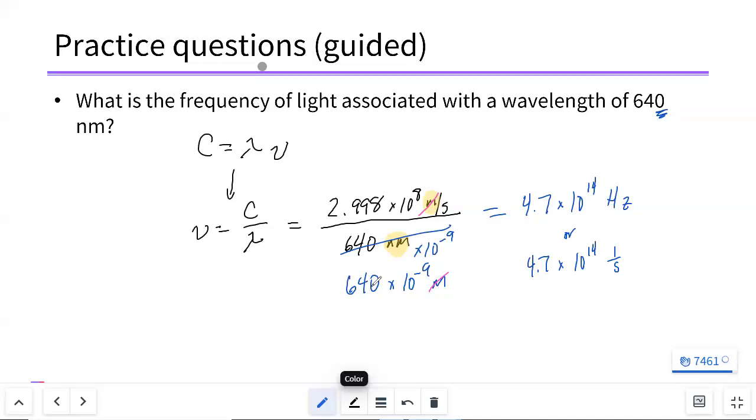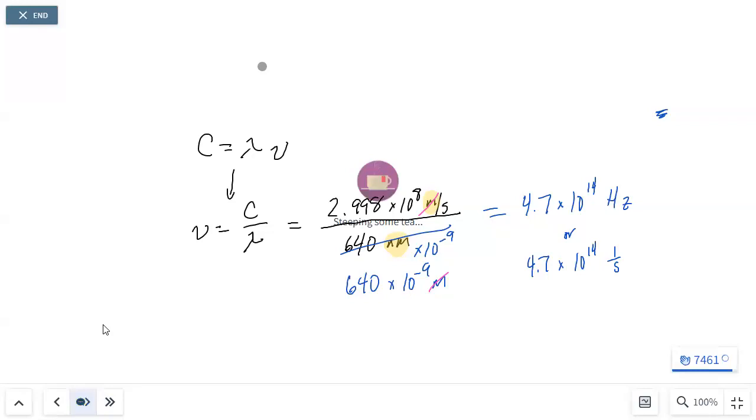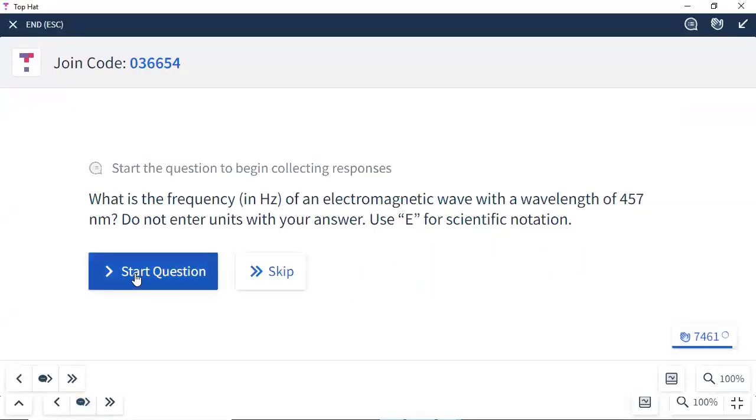All right, any questions with this practice problem? Pretty straightforward equation we're using here. All right.